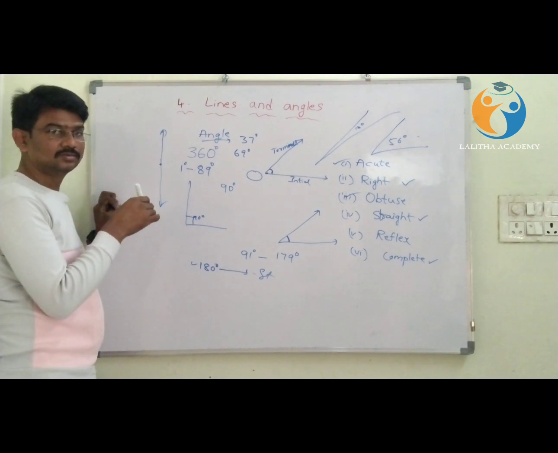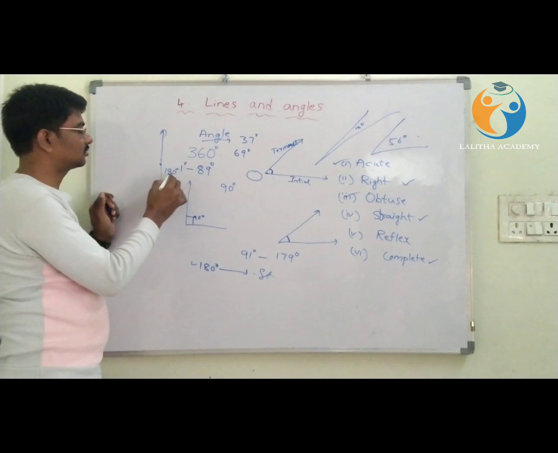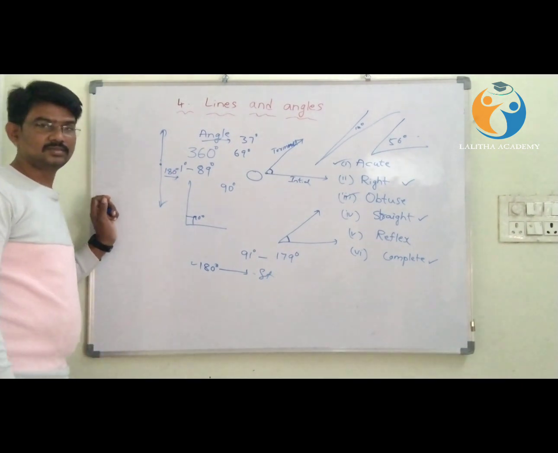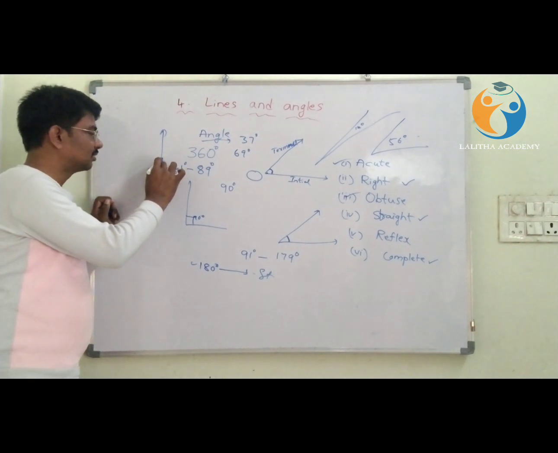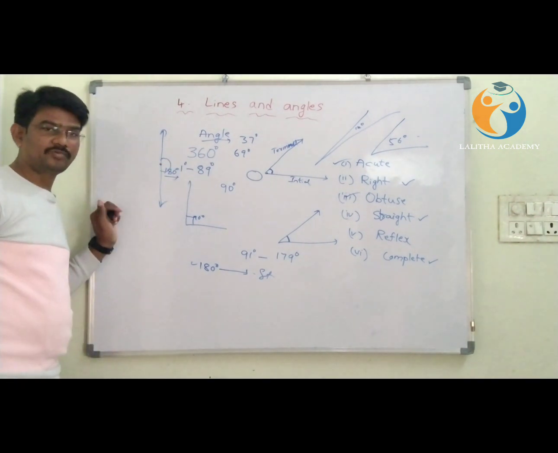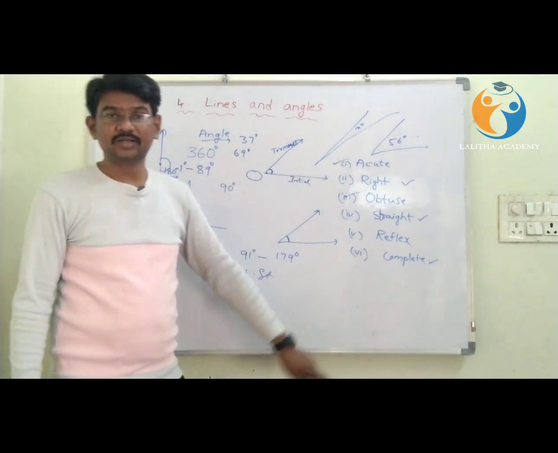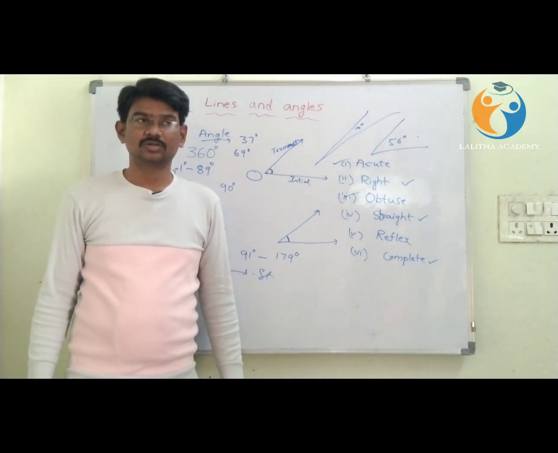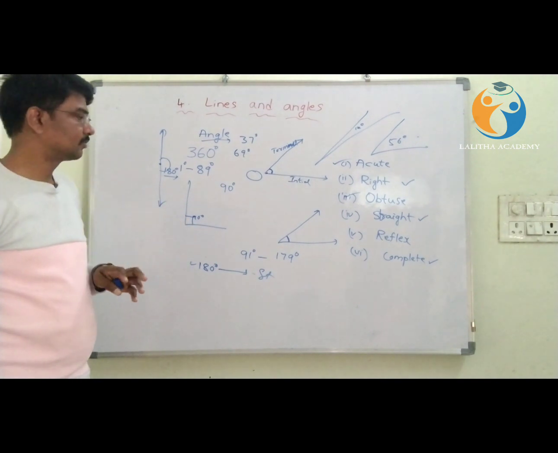That ray made a 180 degrees angle. The angle between these two rays is 180 degrees, half of the complete rotation. This 180 degrees is called a straight angle.